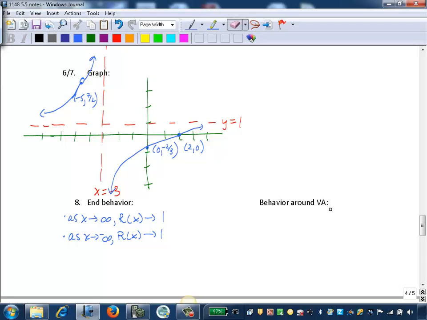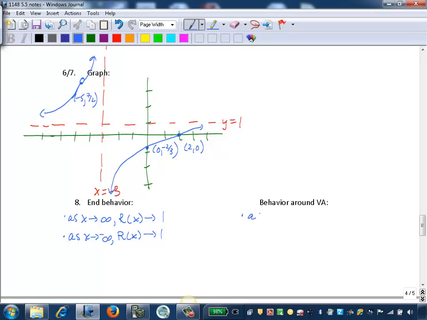And then finally, our behavior around the vertical asymptote. So here's our vertical split. We've got a branch on the left and the right. On the left branch, as we trace along, we skip here, there's actually a hole punched out, and then we trace along, that y value is getting larger and larger and larger, but never crossing that vertical asymptote. That ramp shape never crosses the vertical asymptote.